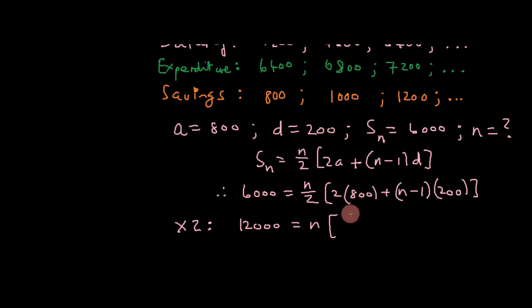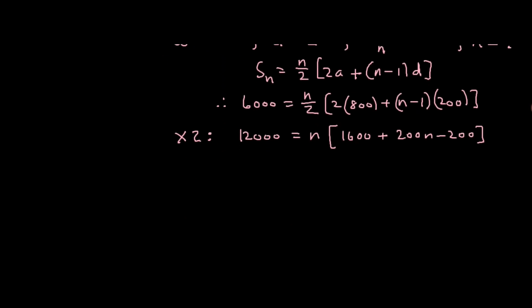We can simplify inside the brackets. So that's 200n plus 1,400. And we can multiply the n into the brackets.